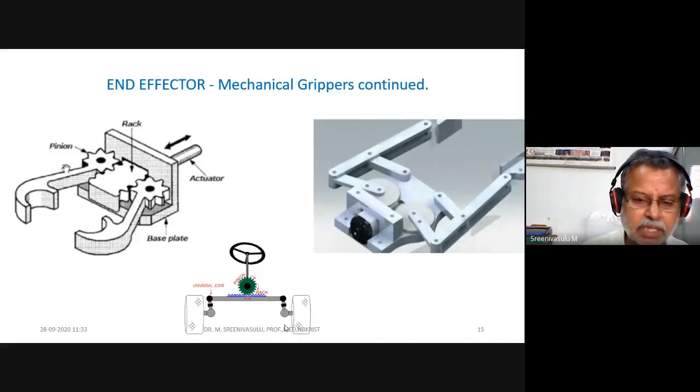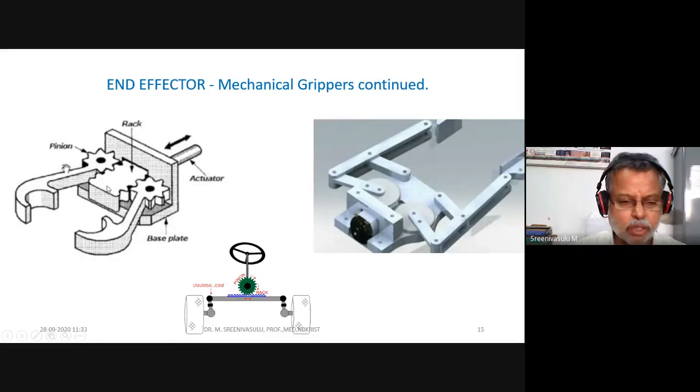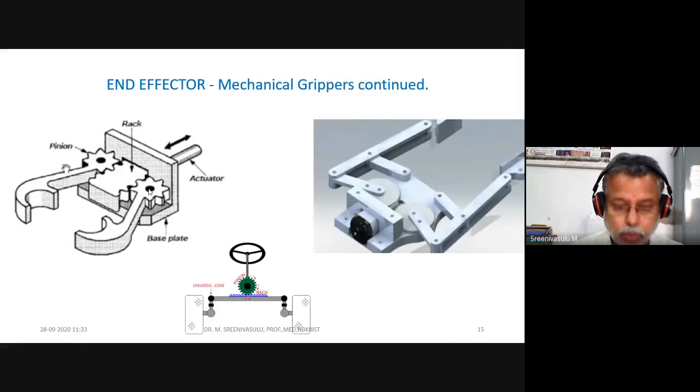The importance of the rack and pinion arrangement has been clearly explained with an example normally applied in cars. Even in these two cases, you can visualize that when you move this down, these gear wheels are going to rotate like this, and that is going to contribute towards the inward motion or outward motion of the fingers.